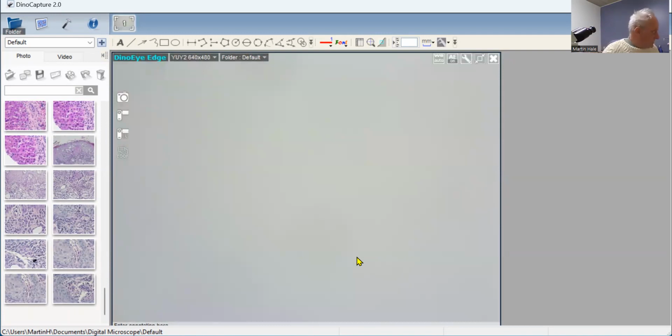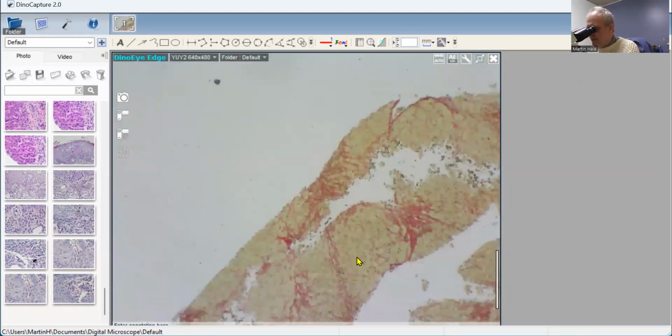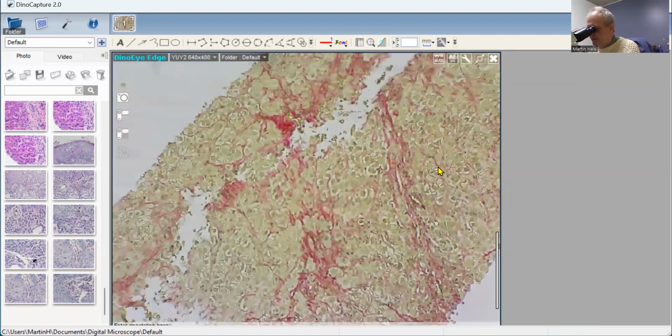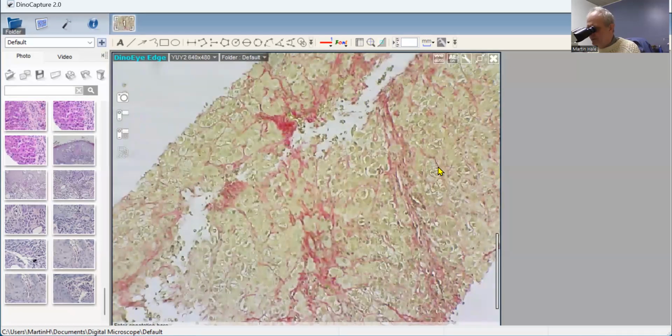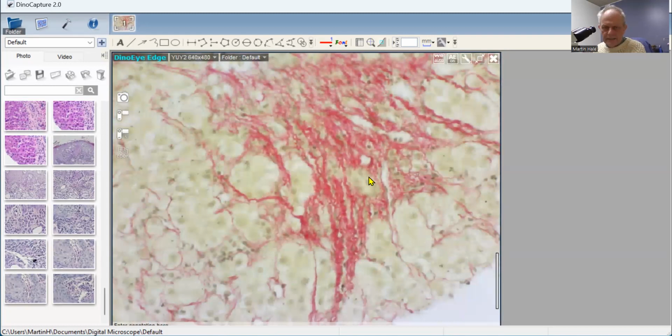So when we go to the Sirius red, what we've got now is some more information. So here you can see the fibrosis and the expansion. That's a portal tract down there. You can see the bile duct, and you've got this expansion by fibrosis.